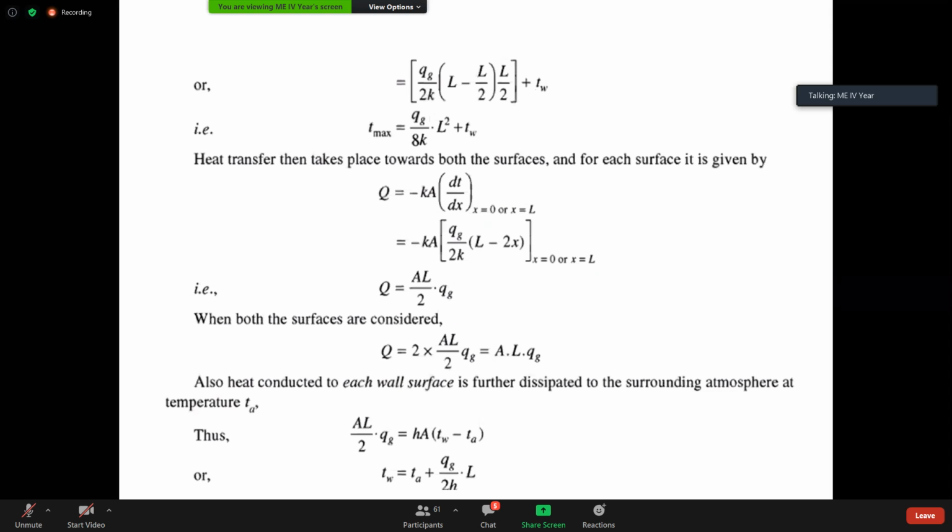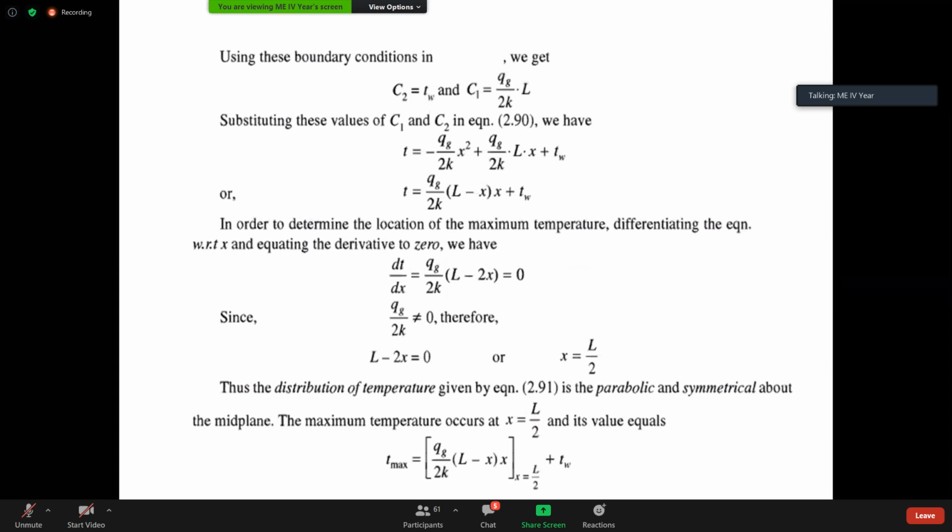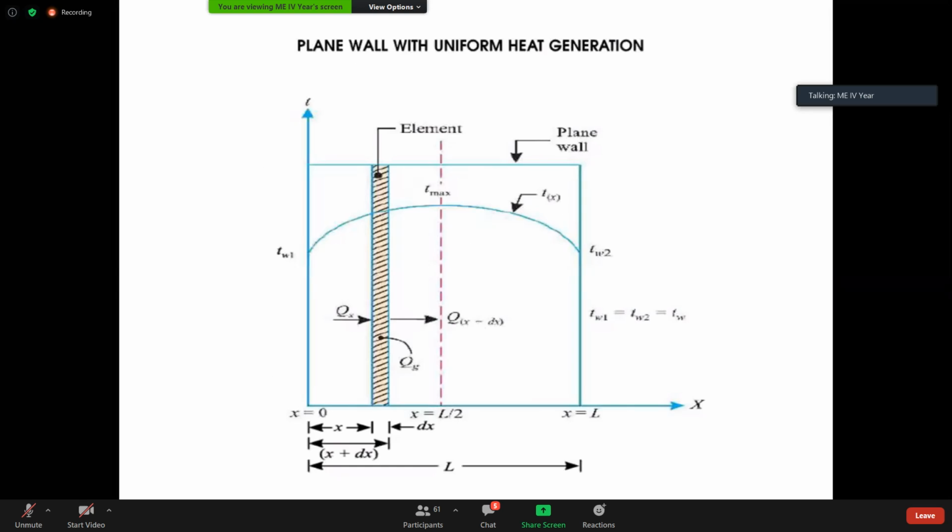I have provided enough information on internal heat generation, which is the other name for heat source. That is very easy. The only thing is qg by k will be added. You just need to put more effort into the simplification, calculation and integration, right?